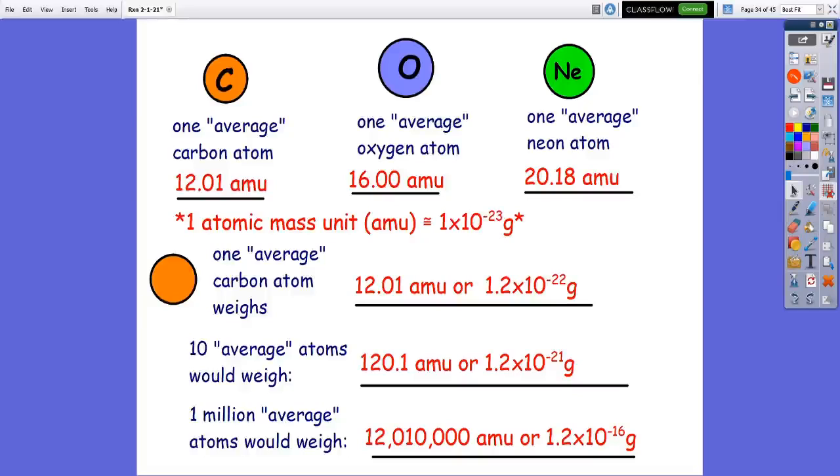If I had 1,000,000 carbon atoms, well, that would be 12,010,000 AMU. Or if I tried to measure that on a scale, it would be 0.15 zeros and then 1, 2. So 1.2 times 10 to the negative 16. In part A of our gizmo, you couldn't even put that few atoms onto the scale.